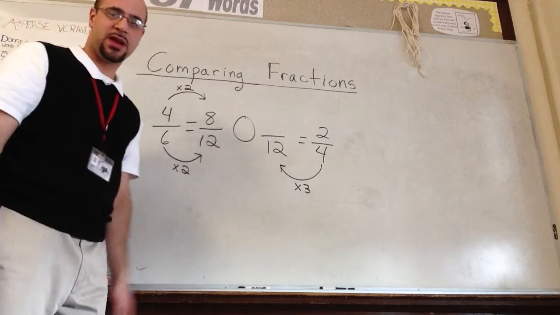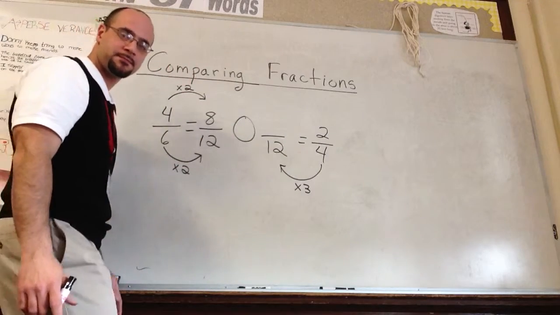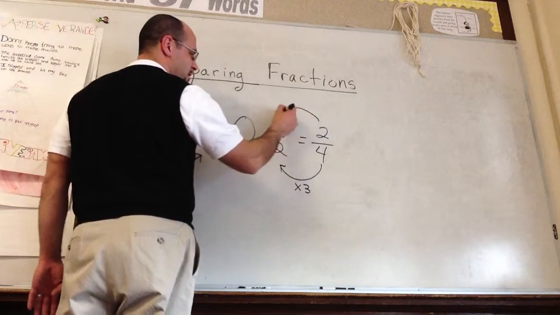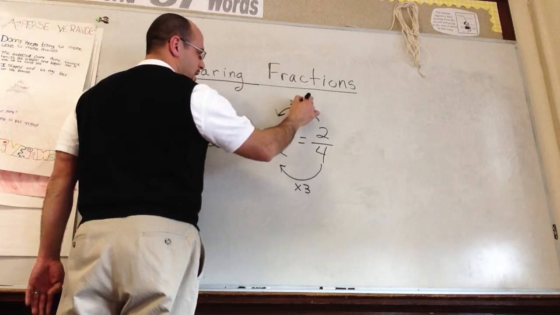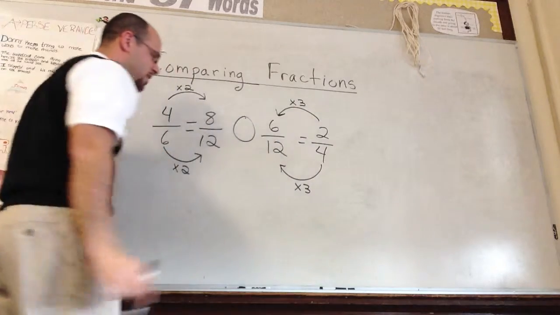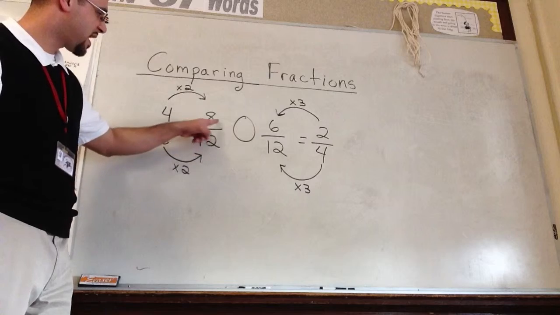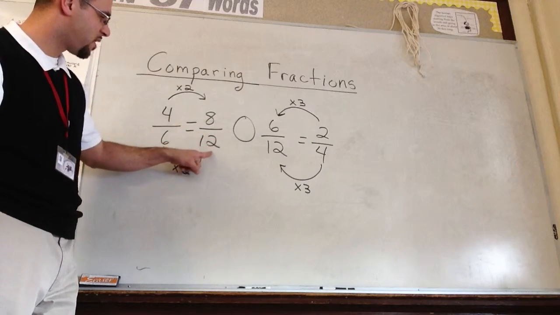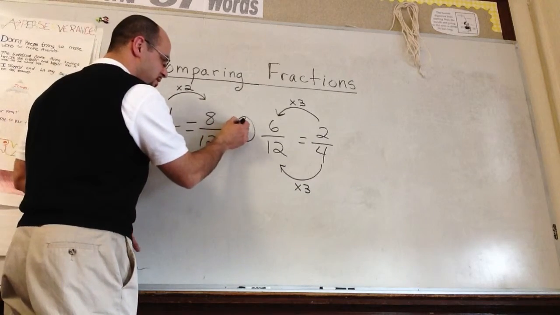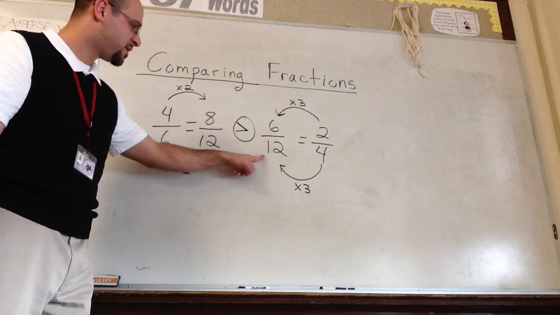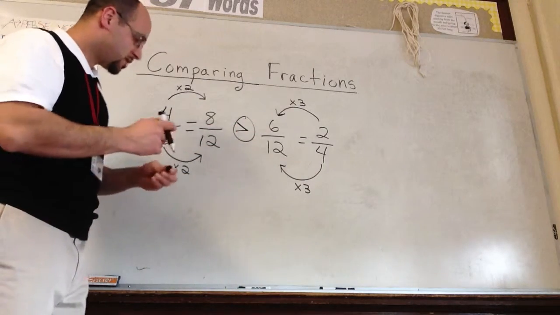So what would I have to do here? Times 3 again. And 6. So now we can do our comparing. Now we see 8 pieces out of 12 pieces is actually greater than 6 pieces out of 12 pieces. So, good job with that.